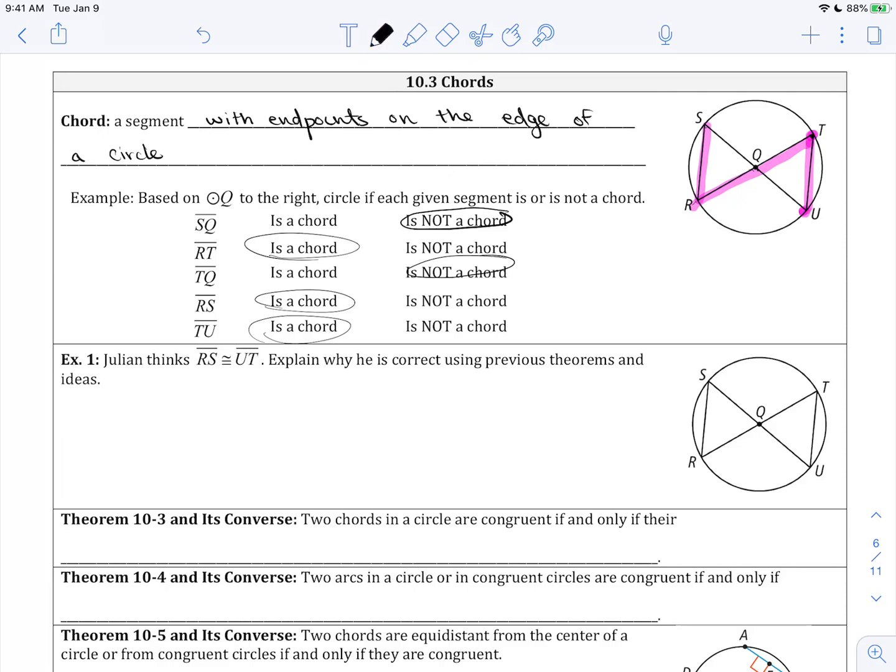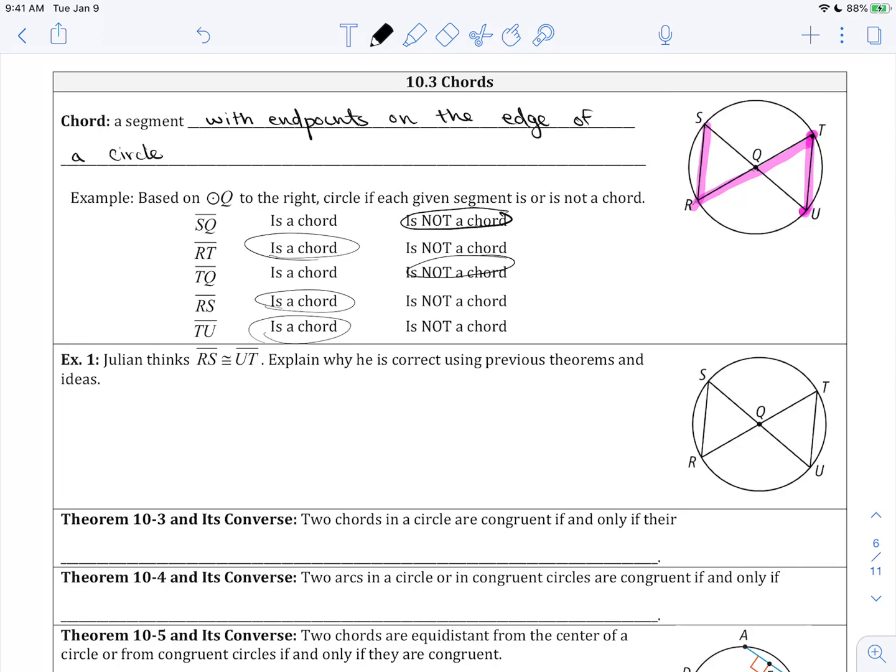Cool. Julian thinks RS is congruent to UT. Explain why he is correct using previous theorems and ideas. So we want to think of triangle congruency, right? We want to see, is RS and TU congruent by stuff that we already know?